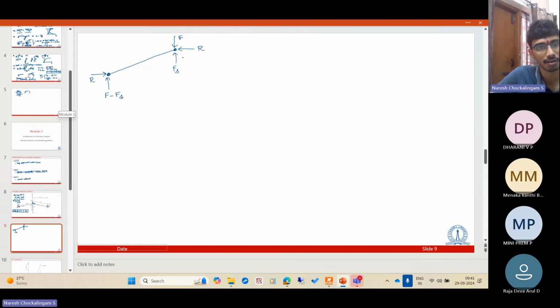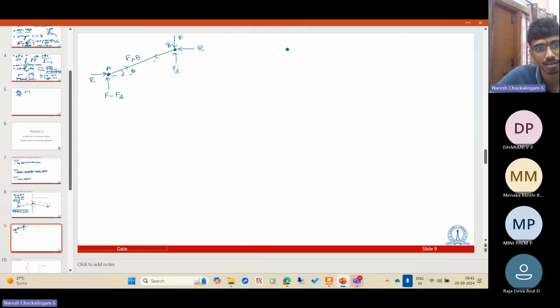Now let the force in this member, let's call this member AB, be some tensile force FAB. Now look at that joint. This angle is some phi.